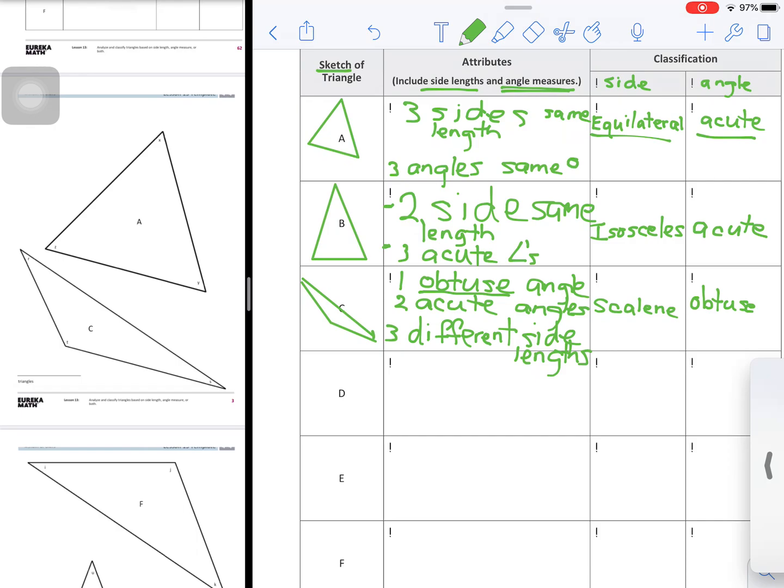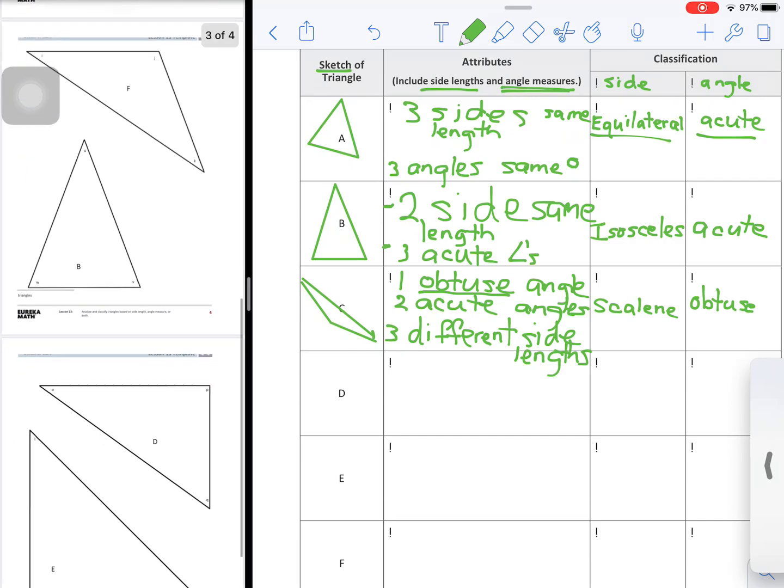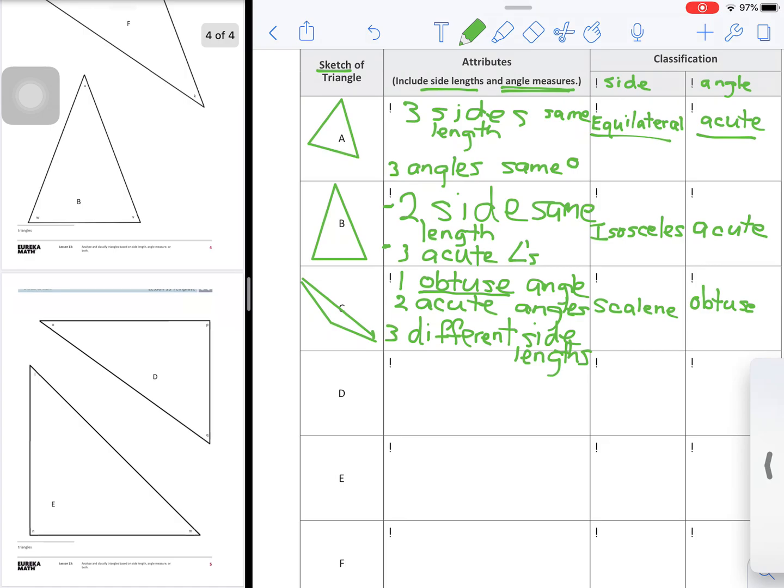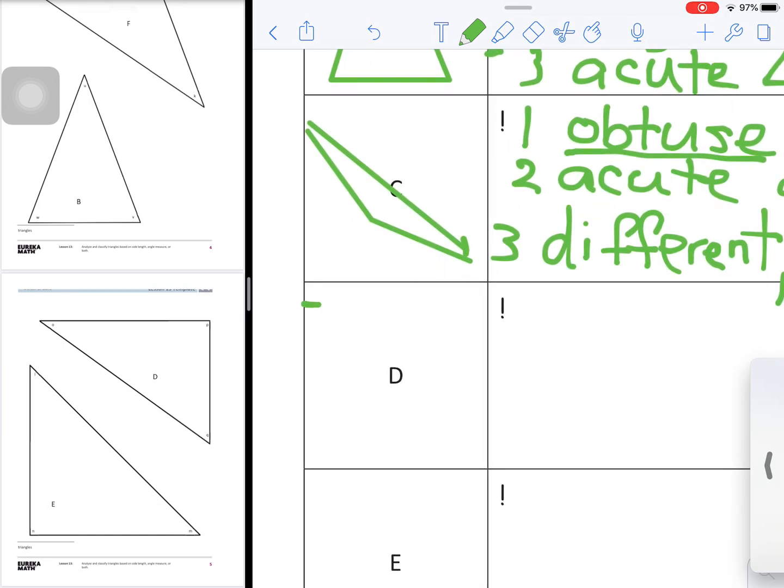Okay, let's take a look at D. Let's go find D. Look at D. What would you say about D? Let's try to sketch it first. What would you say about D?